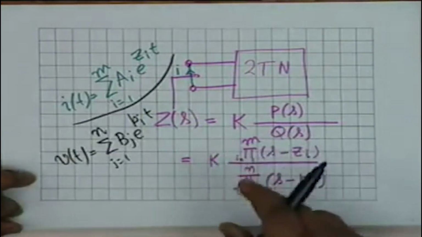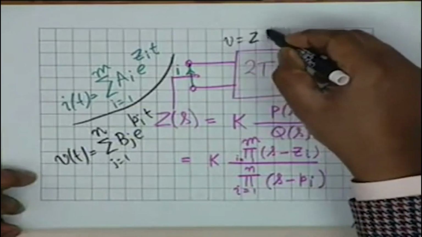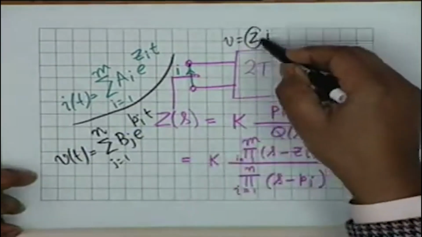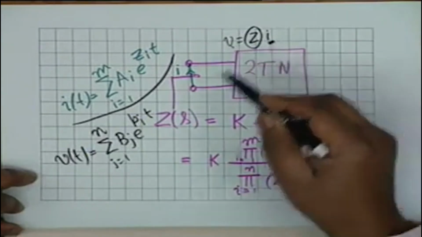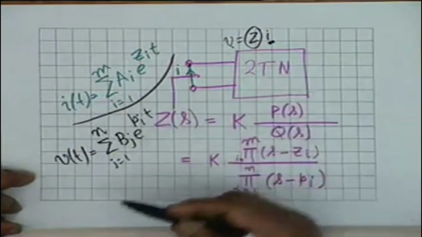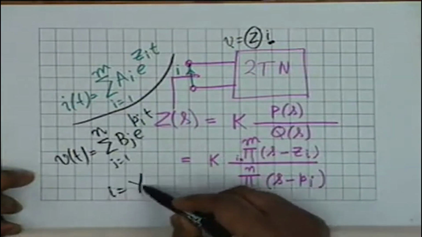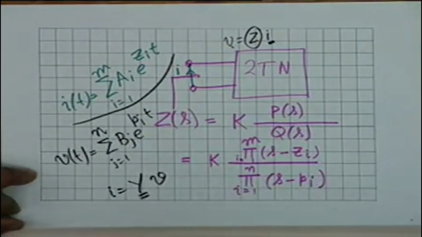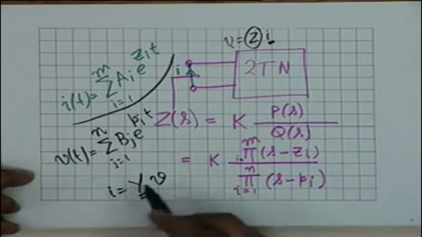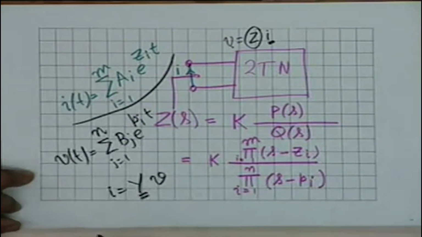And the underlying reason we have already explained, that the relation is V equal to Zi, and therefore if Z equals 0, then V equals 0 independent of what I is. And similarly, in the case of the open circuit, I take the relation I equal to Y times V, and therefore if Y equals 0, which means the poles of Z, then I equals 0 irrespective of what V is.